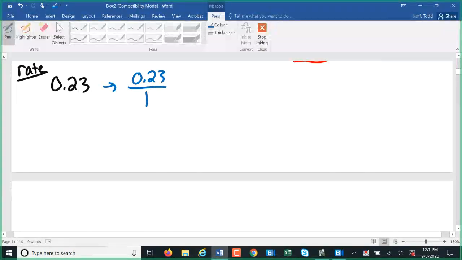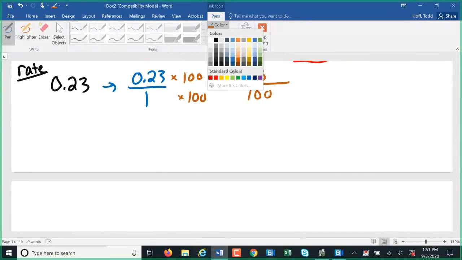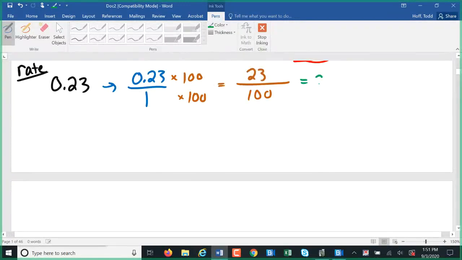It's out of 1. Well, we want it to be a percent, which would be out of 100. So we would multiply the 1 by 100, and we'd multiply the 0.23 by 100. Well, 1 times 100 is just 100. 0.23 times 100 is 23. That's 23 out of 100, or 23%.